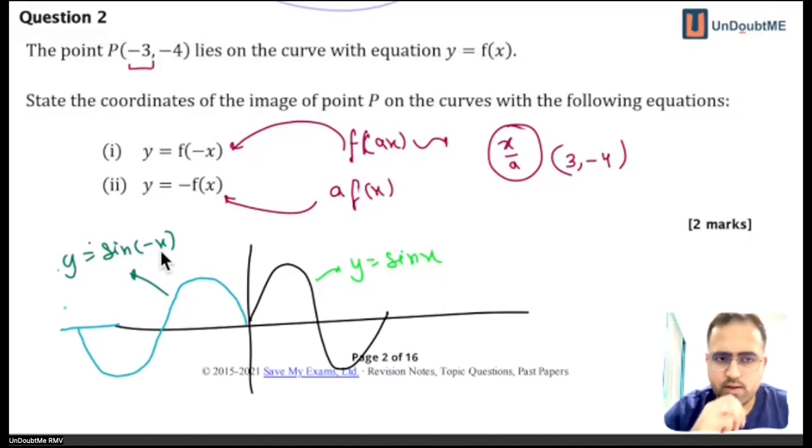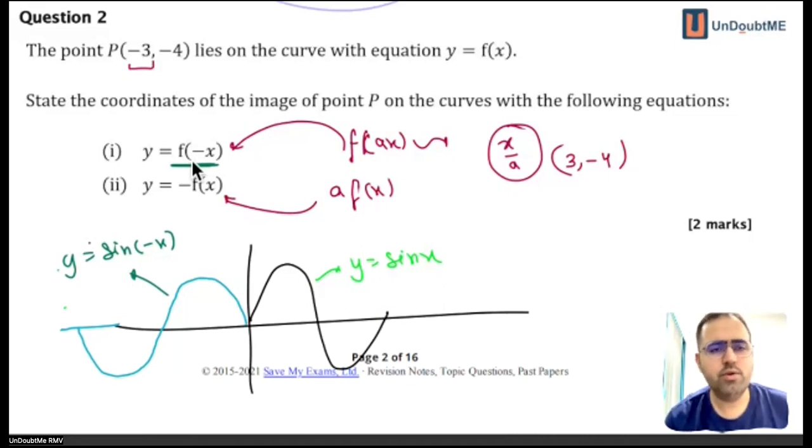So I can conclude over here that when it is f of minus x, it will be a horizontal reflection. This you don't have to learn, because you should understand this x by a thing we discussed before this question. So you can very easily make out that this minus 3 will be divided by minus 1, so that minus 3 will become positive. It means whatever was negative will come to positive and vice versa. So it is a horizontal reflection.